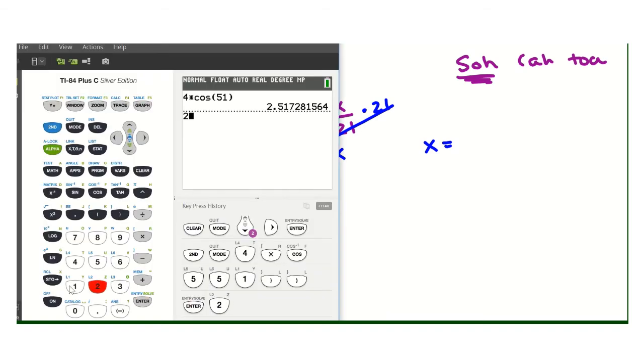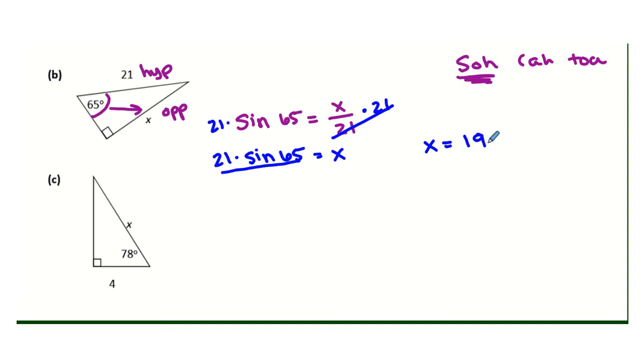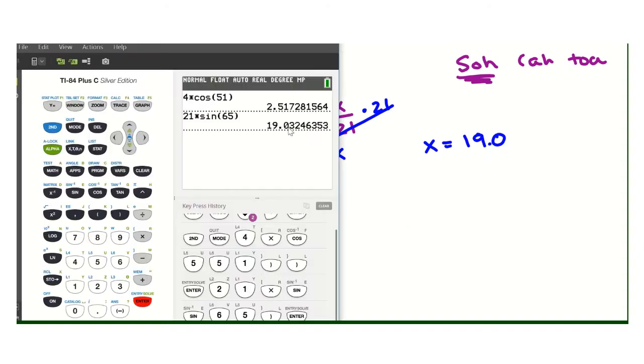So 21 times the sine of 65, and I get 19.0. I am going to include the 0.0 because they told me to round to the nearest tenths. It doesn't end at 19. There is a decimal spot after that, so I want them to know that I am rounding here.